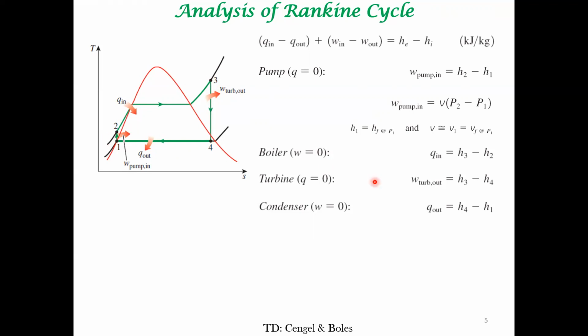Work output is equal to, if you incorporate the sign convention, H3 minus H4. And then in a condenser, there is no work interaction, but only heat interaction. The heat output is equal to H4 minus H1, right? So this is just a simple application of the first law.